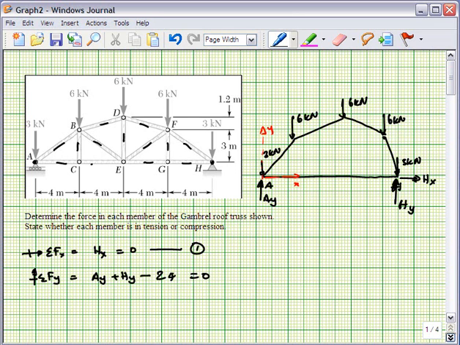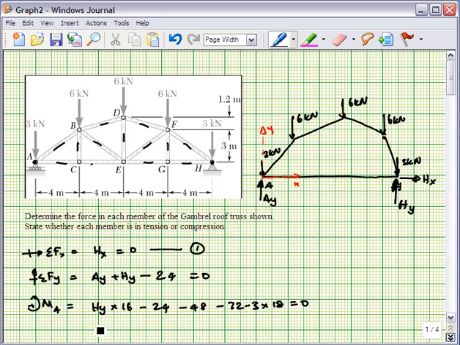In fact, you will see this when I sum all the moments about the point A. I will get HY times 4 plus 4, 8 plus 4, 12 plus 4, 16 minus 6 times 4, 24, 6 times 8, 48, 6 times 12, 72, and then 3 times 18.